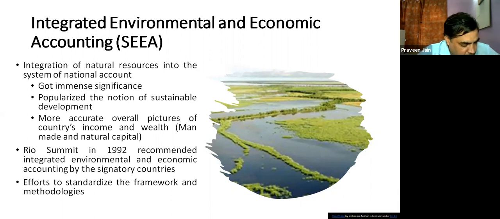The United Nations brought out a handbook in 1993, and again revised that handbook in 2003 to guide the signatory countries to adopt this integrated environmental economic accounting, in short called the SEEA.